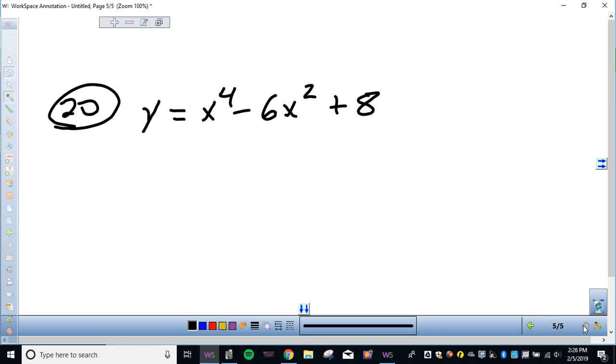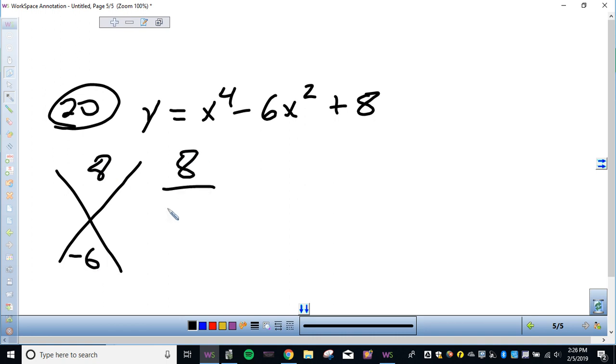Okay, this one. When it's to the 4th squared and then no x, you always want to look to see if you can factor it like regular. So if you have positive 8 and negative 6, factors of 8 are 1 and 8 and 2 and 4. Can I get to negative 6? 2 and 4 both have to be negative. Okay?